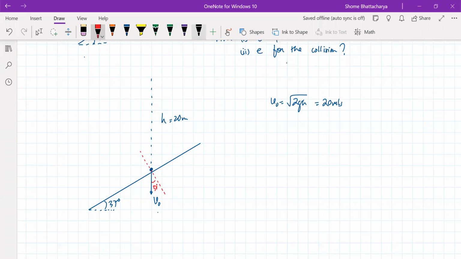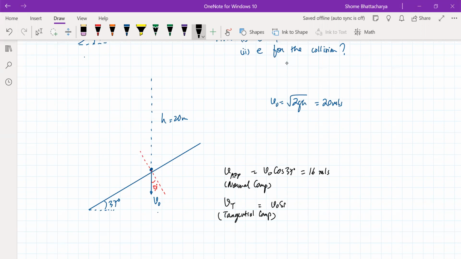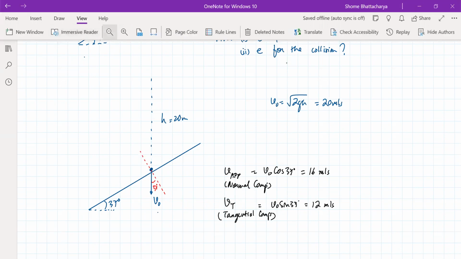So again, you can see that the approach velocity is the normal component, and the tangential component, so this is the picture just before impact.